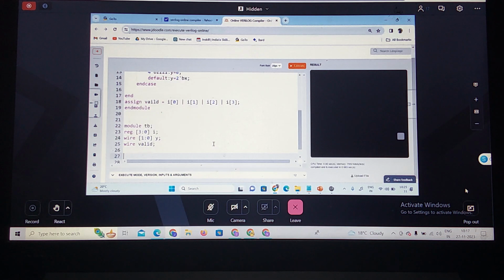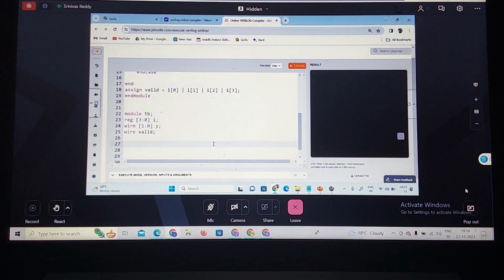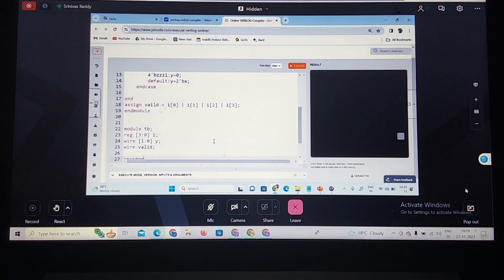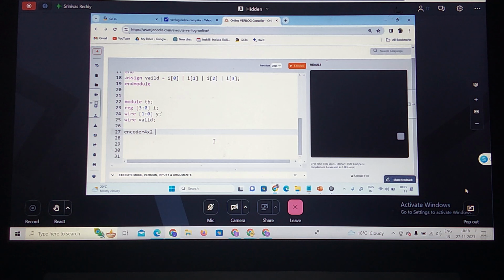Correct? Now I need to instantiate the design file. This is encoder. The module name is 4 cross 2 encoder, and let us do port by default connection. Okay. Next thing to do.